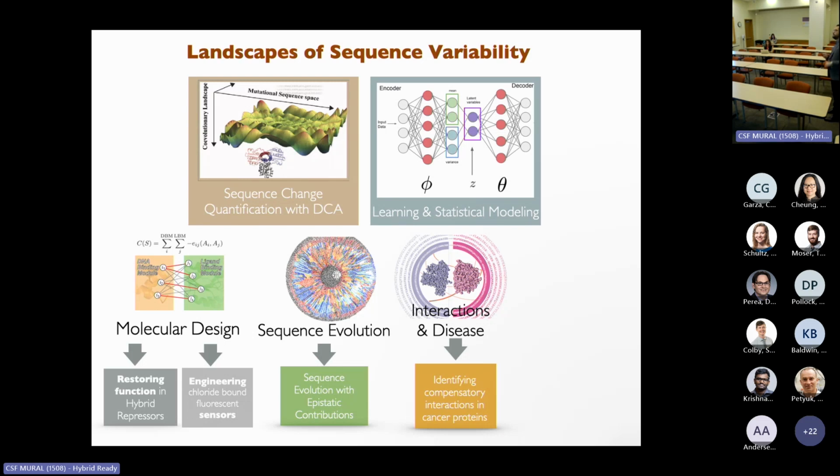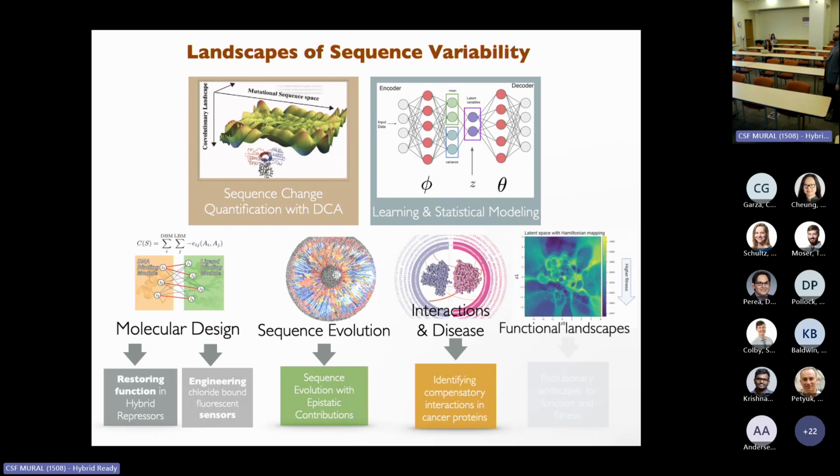So we're excited about this new synergy. And this is essentially what I'm going to discuss further today. How can we merge these two approaches into understanding functional landscapes of proteins and their families, right? This comes from evolution and helps us understand something about their fitness and their function.